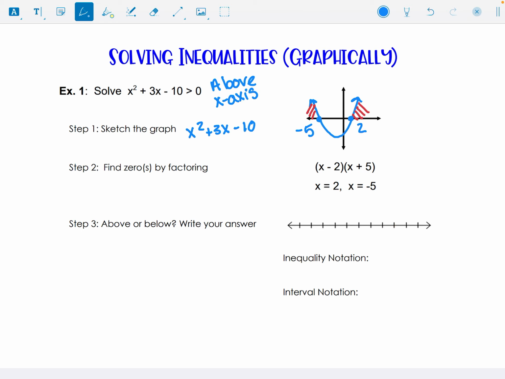So then with the number line, I want to mark off negative 5 and 2. And so then the question of the open or closed circle will depend on the original problem. So we need to look back at the original inequality.